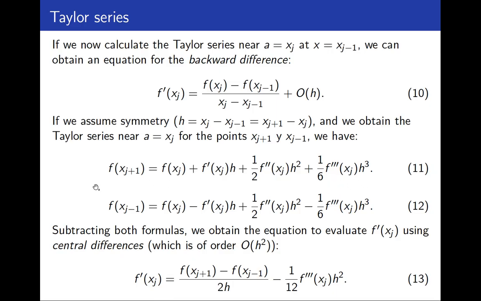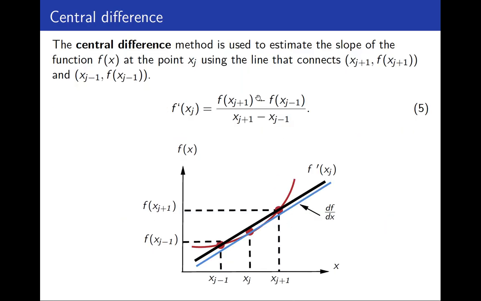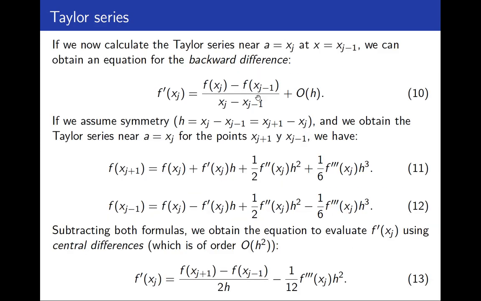So now let's subtract these both formulas, and then we will isolate this term, and if you do the algebra, you will obtain this equation, which happens to be the central difference. Something important to mention is that this equation is of order h to the 2. That means that it doesn't matter if we have slightly large values of h.